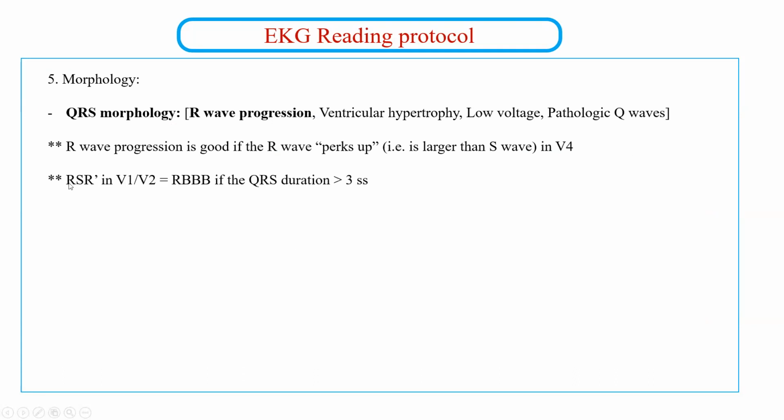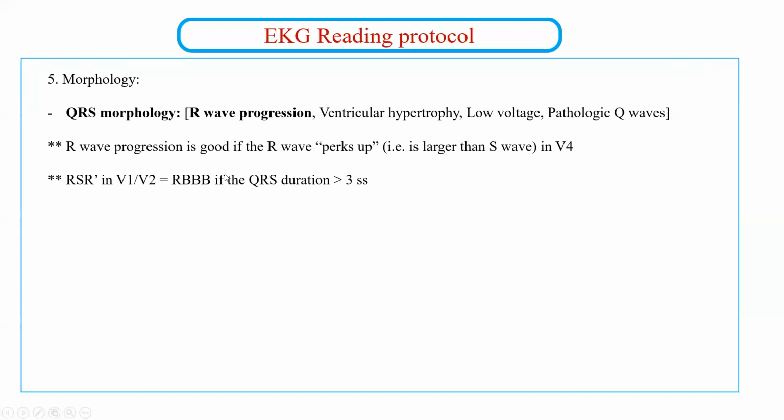Now, if you find there is bad R wave progression, you can see this in 2 scenarios. Number 1, if you recognize RSR prime in V1 and V2, this is right bundle branch block only if the QRS complex duration is more than 3 small squares, which is 120 milliseconds.